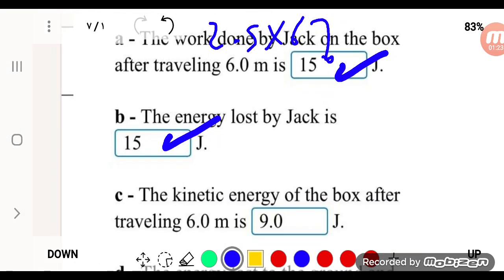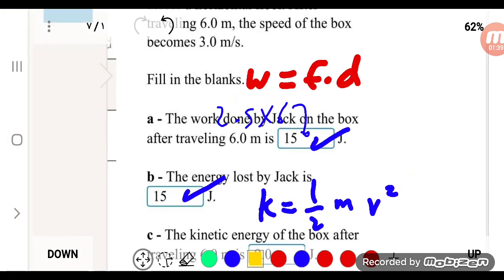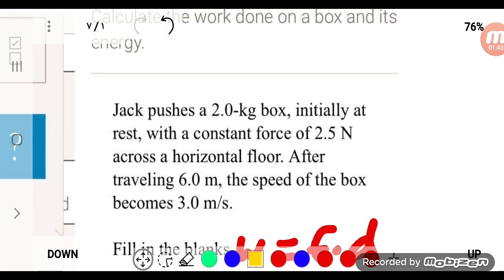Next, what is the kinetic energy of the box after traveling 6 meters? Kinetic energy is equal to half m v squared. So here you have to do half times the mass times velocity squared. The mass is 2 kilogram.